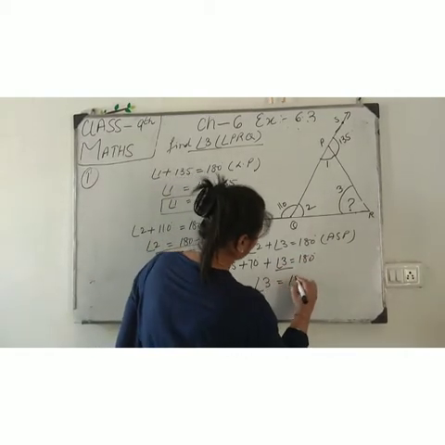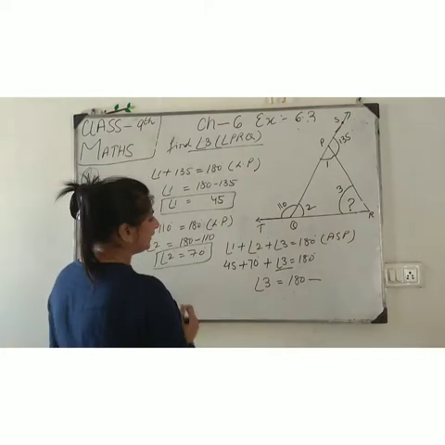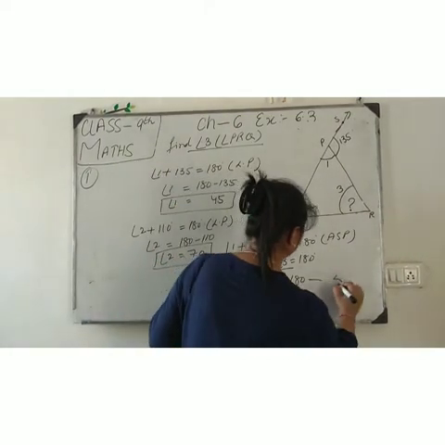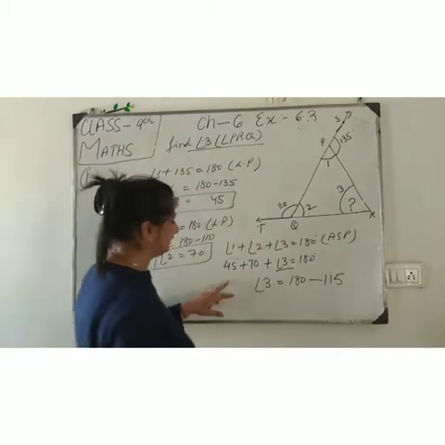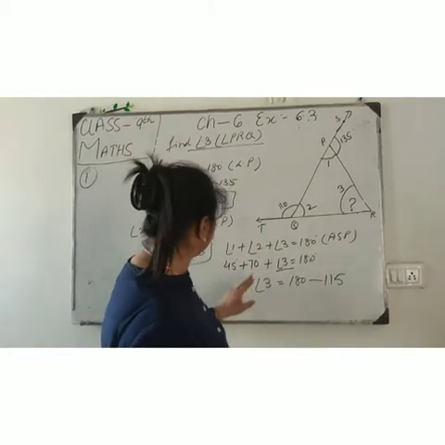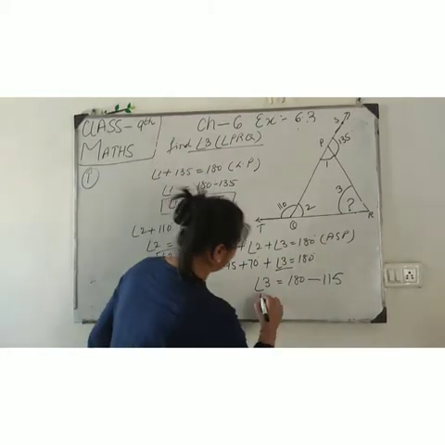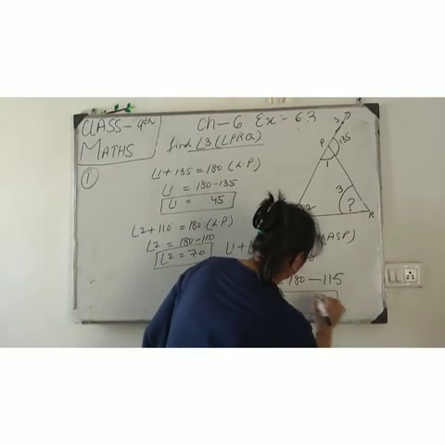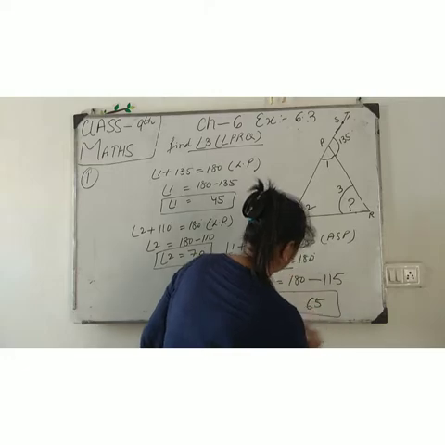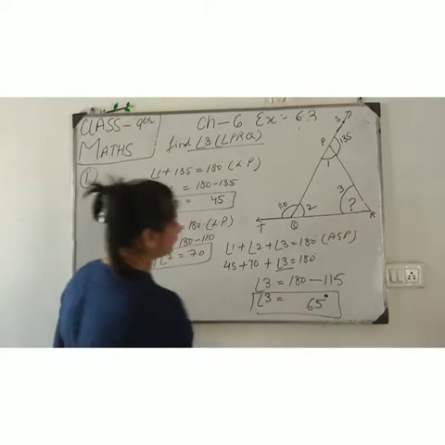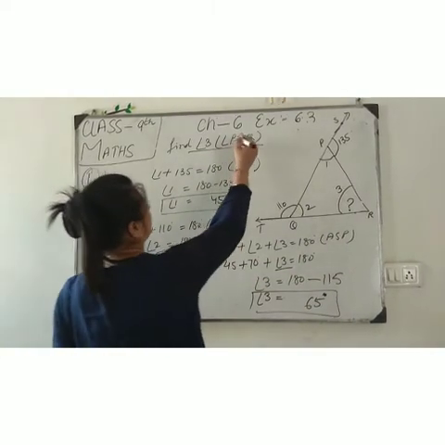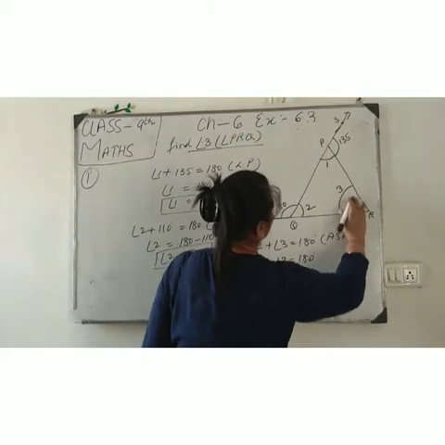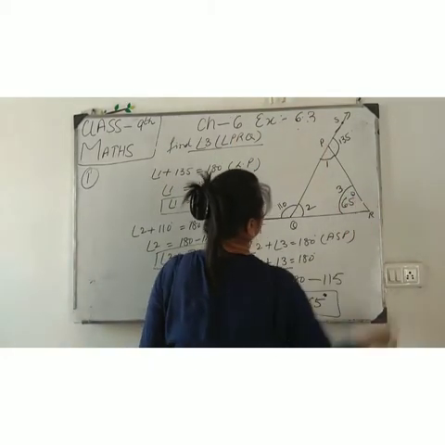Angle 3 equal to 180 minus (70 plus 45). 70 plus 45 is 115. Now is it clear? Angle 3 equal to 65. So what is the value of PRQ? 65 degrees.